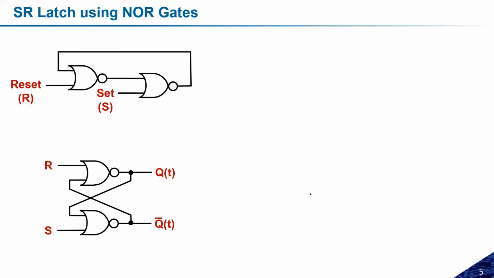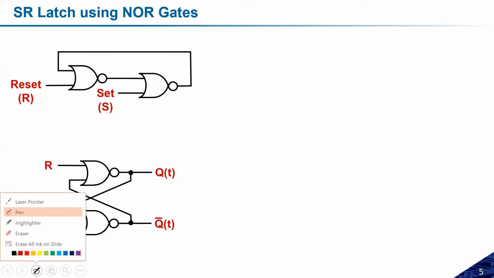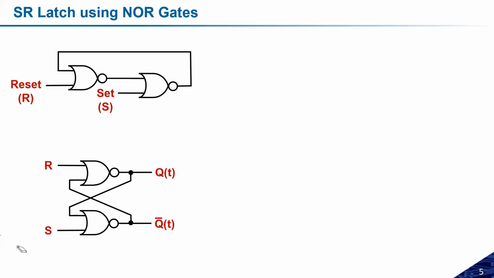Fine. So this is how I will get the different output logics based on this. Now let us try to validate how this circuit behaves. The behavior of the circuit is really important. To understand the behavior, let us try to write the expression. Let us assume Qt is the output at time t.